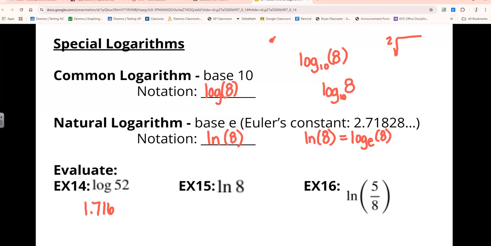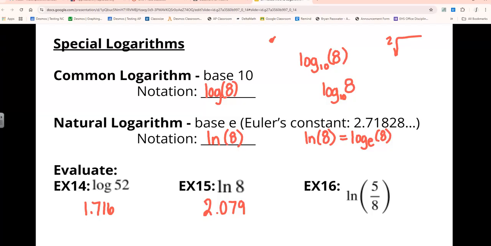All right, so for natural log of 8, you should get 2.079. Really, it's 2.079441542. You can write the whole thing out, but keep at least 3 places for me.